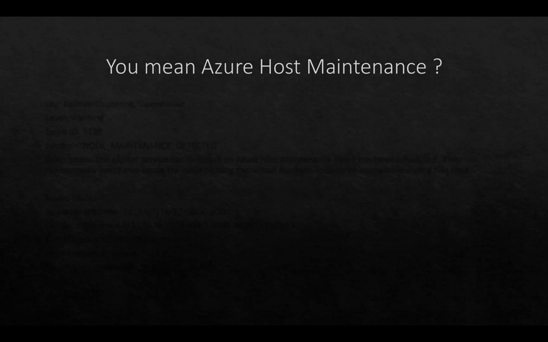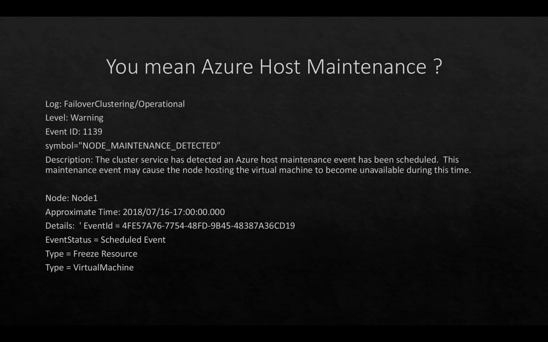Now, when we're talking about host maintenance and what we're detecting, we're actually going to start logging events. Here's an example of one of the events, and it will be in the Failover cluster operational log. Node maintenance is detected. Cluster service detected an Azure host maintenance event has been scheduled.